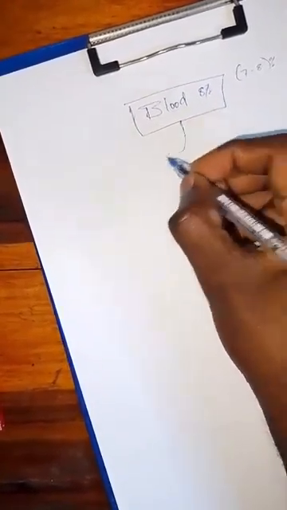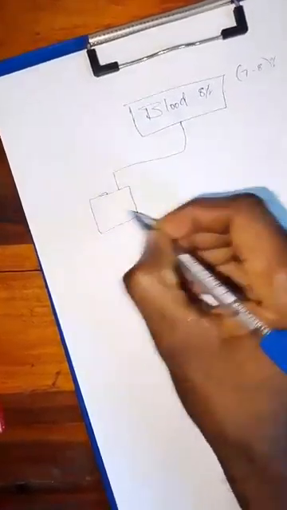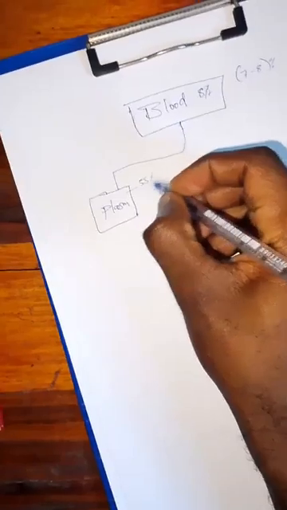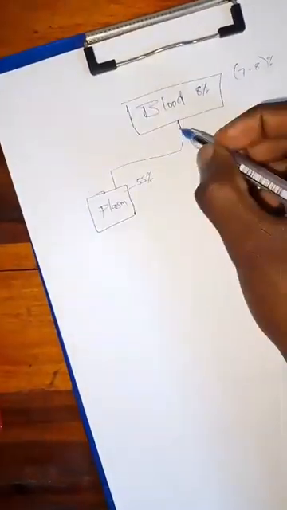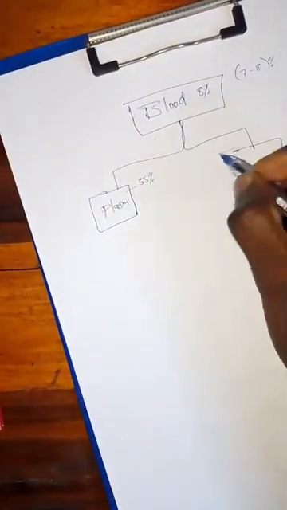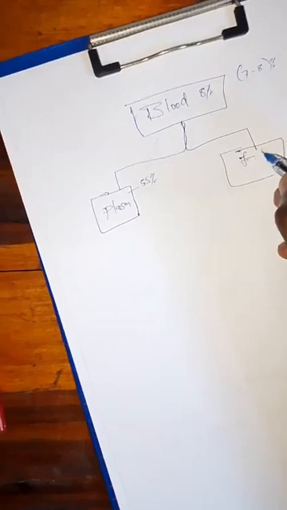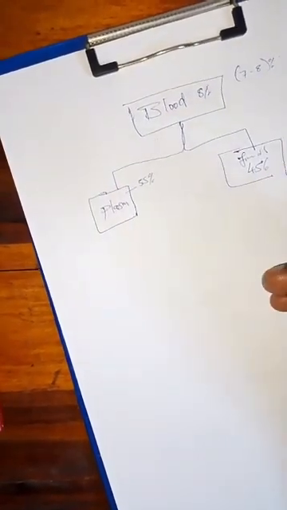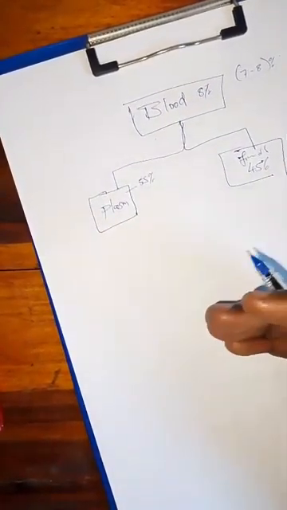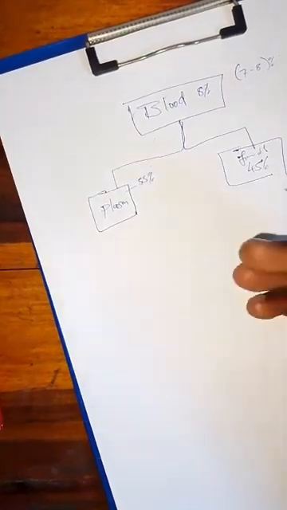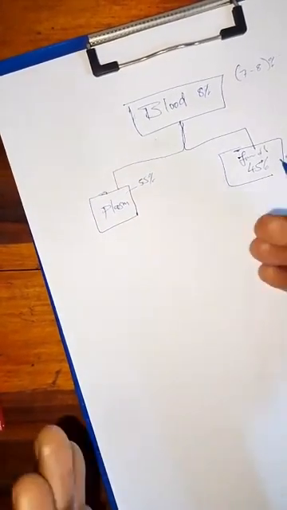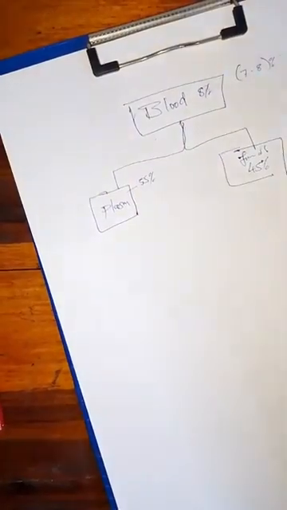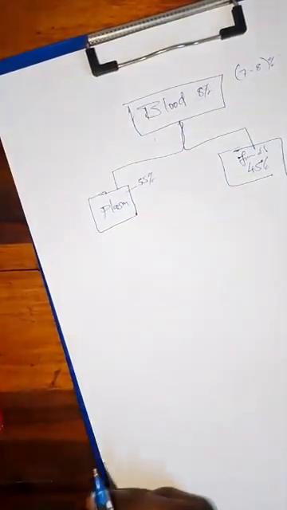We are going to have plasma, which consists of about 55% of the whole blood volume. Then we're also going to have what we call the formed elements, which include platelets, white blood cells, red blood cells, and so on and so forth. The formed elements constitute about 45% of the whole total blood volume.